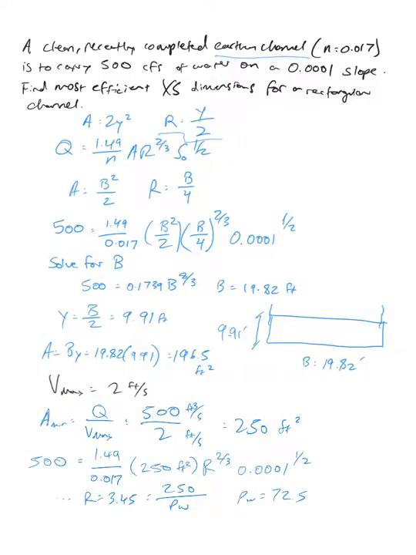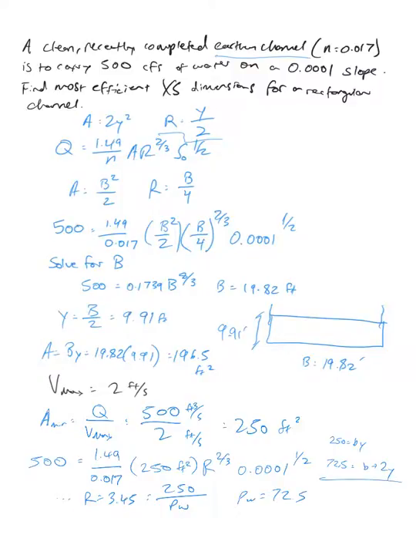And now I need to solve a little system of equations that says my area, which is 250, is equal to B times y, and my wetted perimeter, 72.5, is equal to B plus 2y.